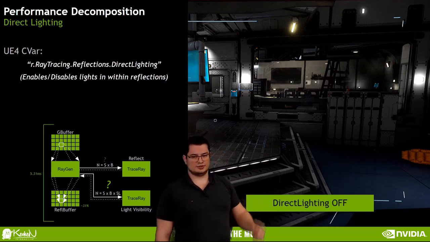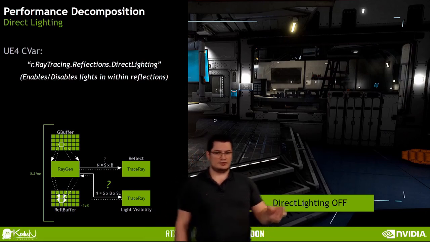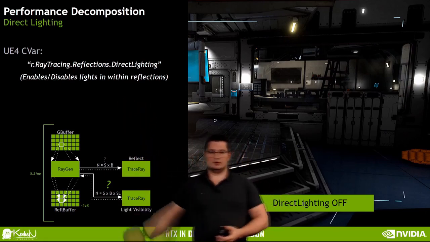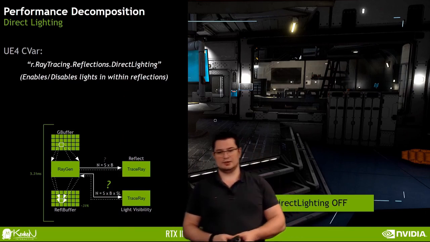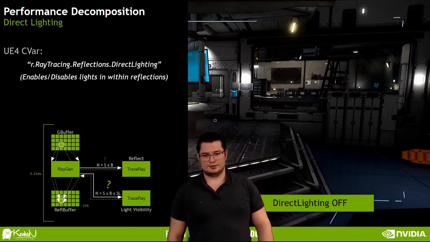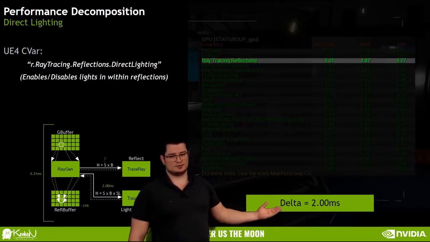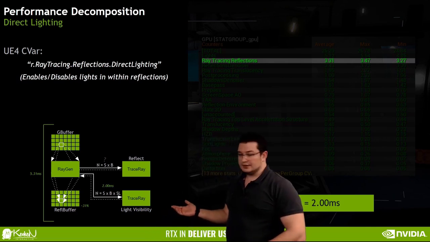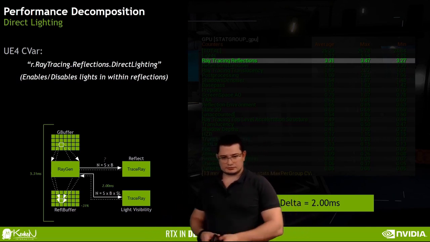See, it's almost disappeared. When you turn direct lighting off and on with this CVAR, you will be able to measure the difference in performance in stat GPU, and this results in a total of 2 milliseconds performance cost. Right, now we know that our lighting costs 2 milliseconds.